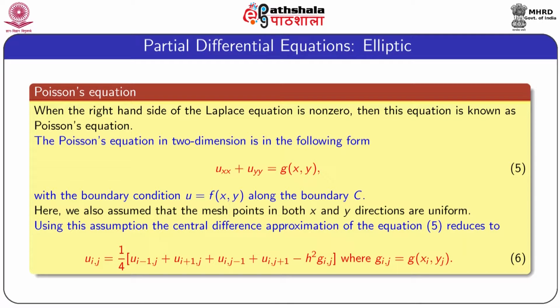That means u_ij = 1/4 (u(i-1, j) + u(i+1, j) + u(i, j-1) + u(i, j+1) - h² g_ij), where g_ij = g(x_i, y_j). If g is 0, then formula 6 is nothing but the iteration scheme for the Laplace equation.